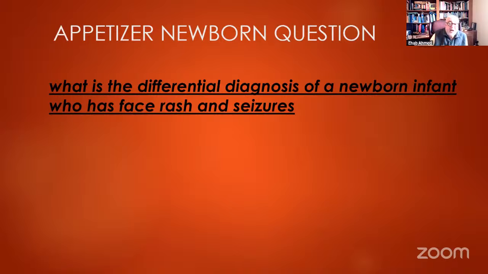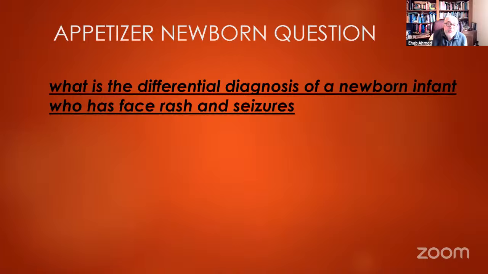Meaning, if you say HSV, you might put this under viral infection. If you say TORCH, you might put this under congenital infections. Traumatic birth injuries, and then you mention what type of trauma can cause rash and seizures.